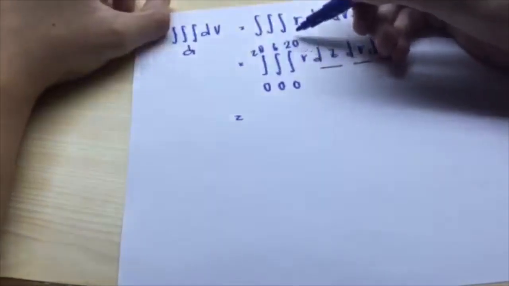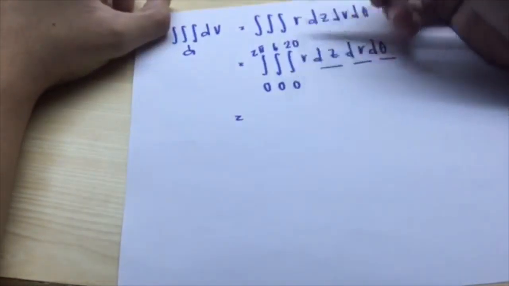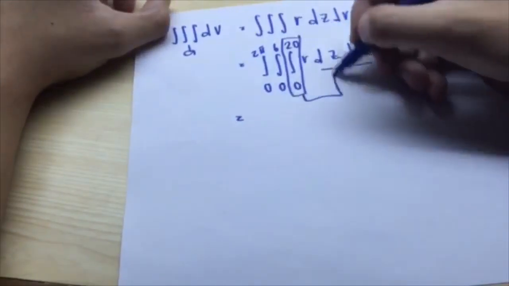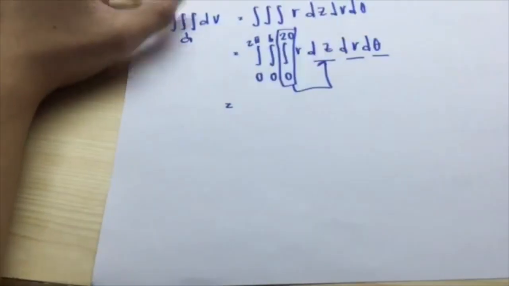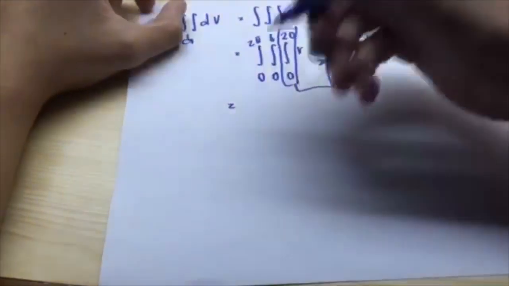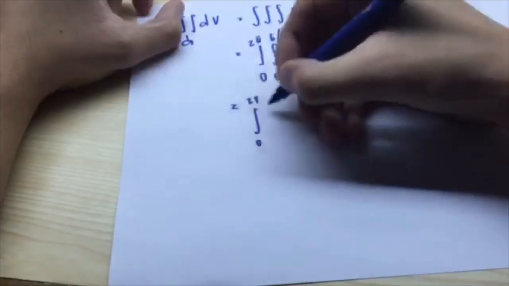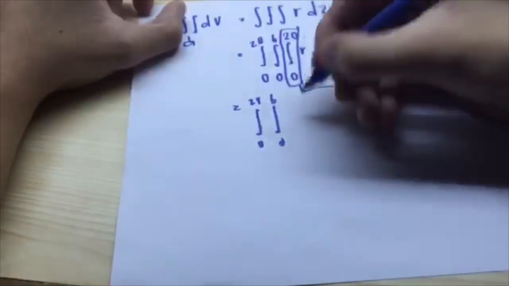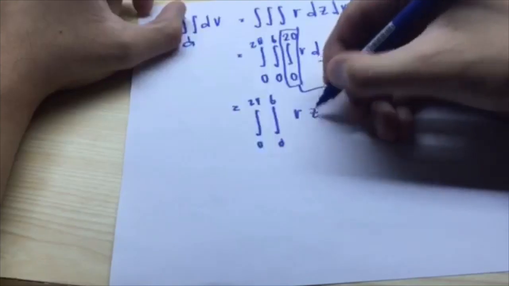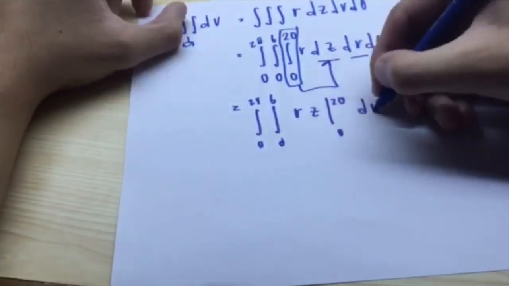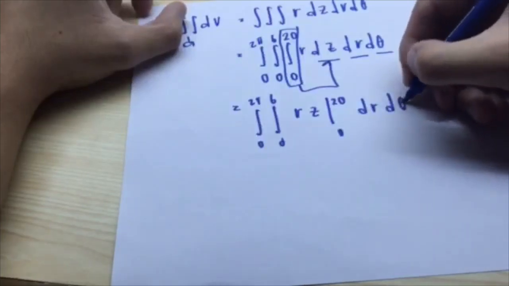We determine the inner integral first. So this belongs to dz, and then we determine the integral of dz first. So we write again from 0 to 2 pi, from 0 to 6, and z bounded from 0 to 20, r dz dr dθ.